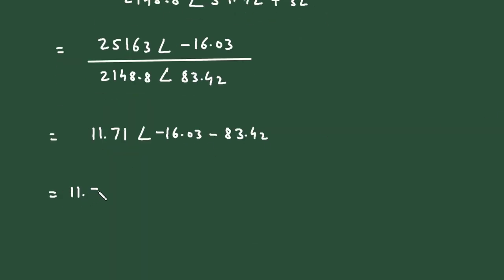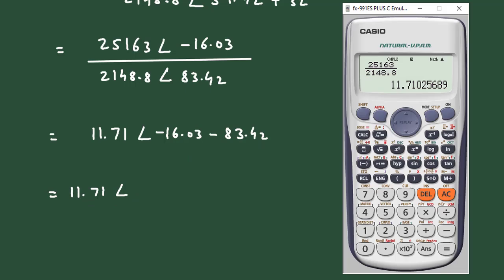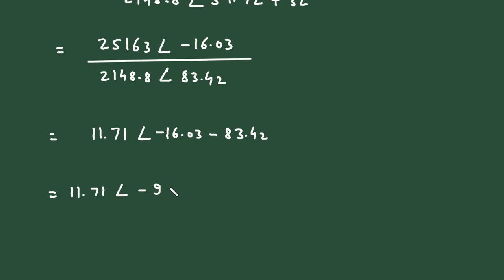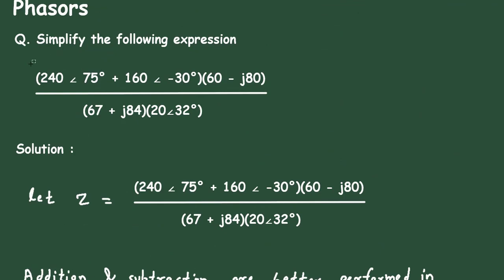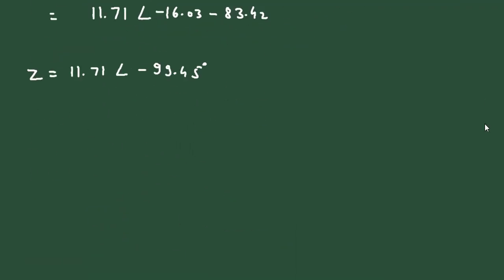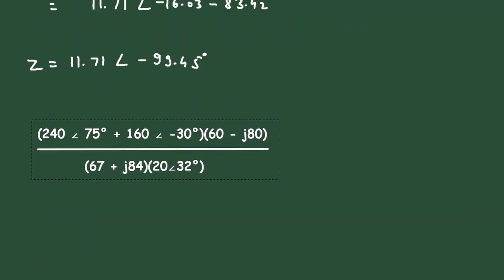So this will be 11.71 at an angle minus 16.03 minus 83.42. So this is equal to minus 99.45 degree. So this is the final answer for this question. So therefore this is equal to this value.